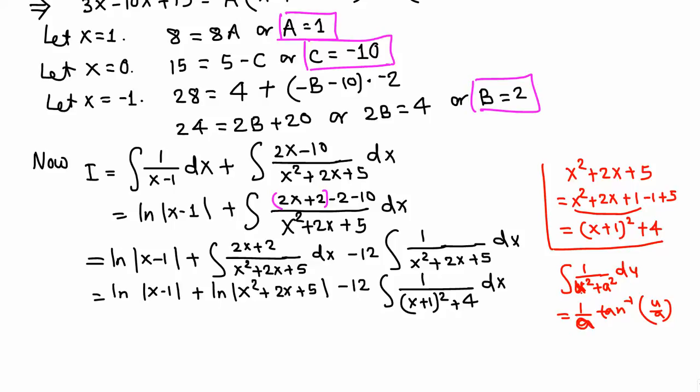Okay, this u, derivative of u is 1 du. Same thing here, this is x plus 1, derivative of x plus 1 is 1 dx. So this matches with this formula.